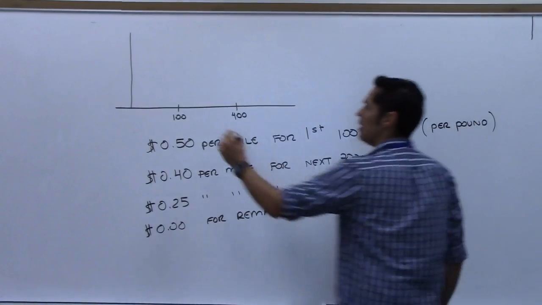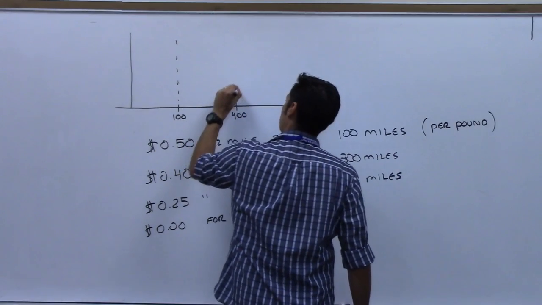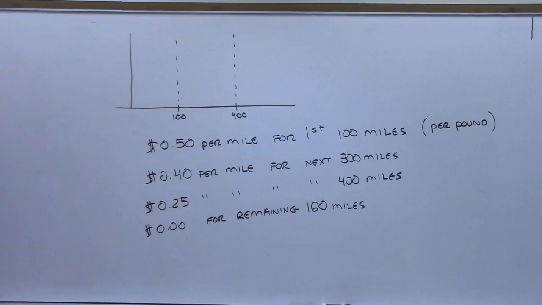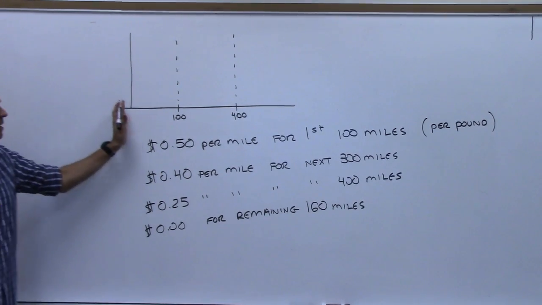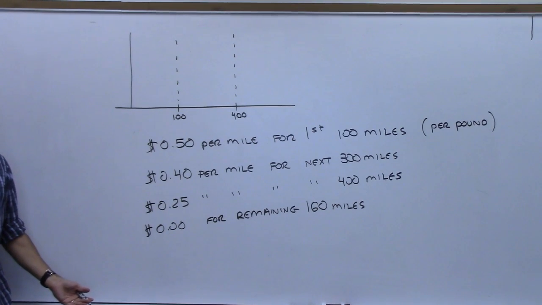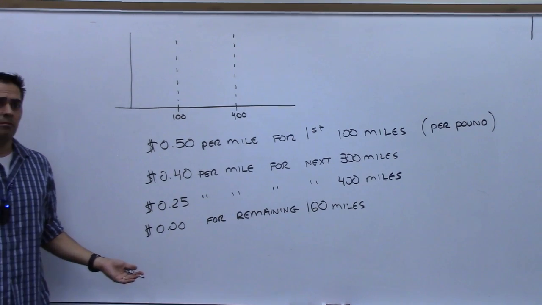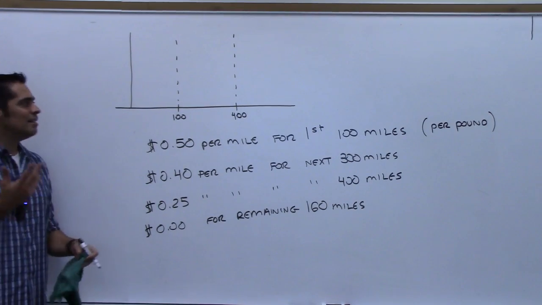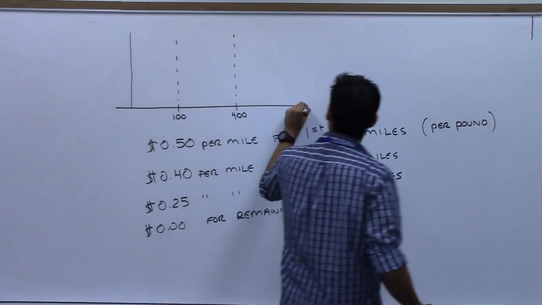So if you're only going to look in here, this is very tricky, so let's try and pay attention, all right? We definitely are going to go the first 100, right? So the first 100, how much are we going to pay? 50X. 50, right? Just 50. Well, if we're going to say X is the pounds. Again, this is miles.